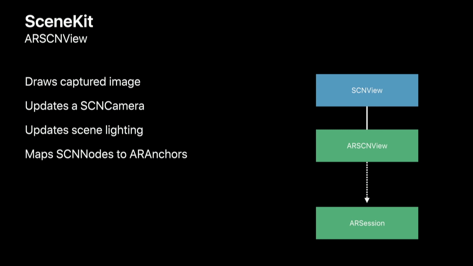So you don't actually need to interface with ARAnchors directly, but can continue to use SCNNodes. This means whenever a new ARAnchor is being added to the session, ARSCNView will create a node for you. And every time we update the ARAnchor, like its transform, we update the node's transform automatically. And this is handled through the ARSCNView delegate.